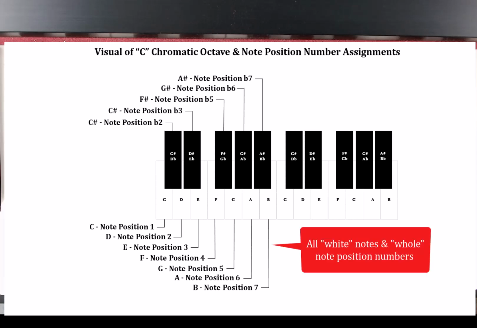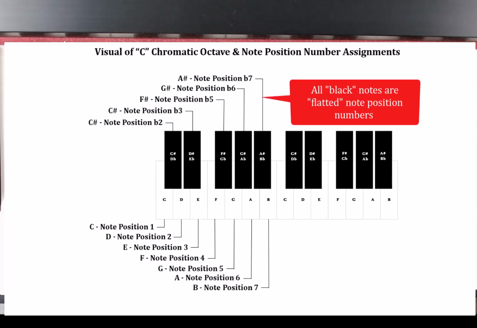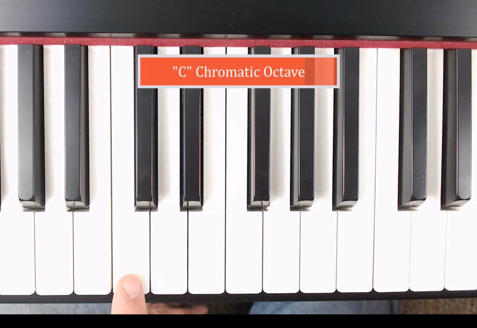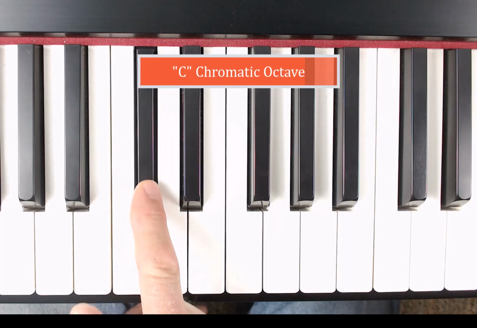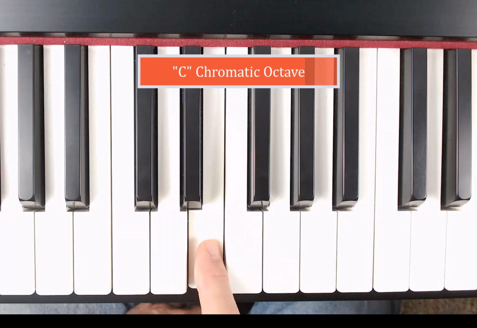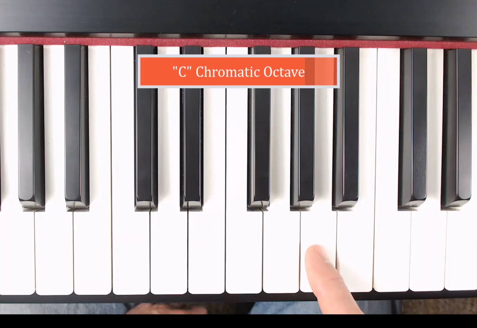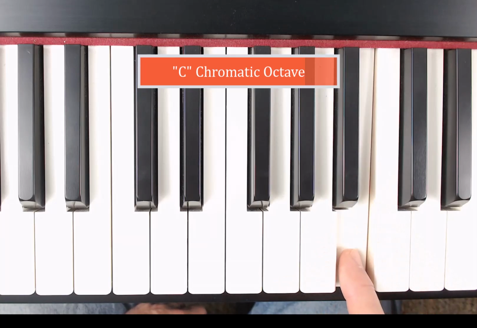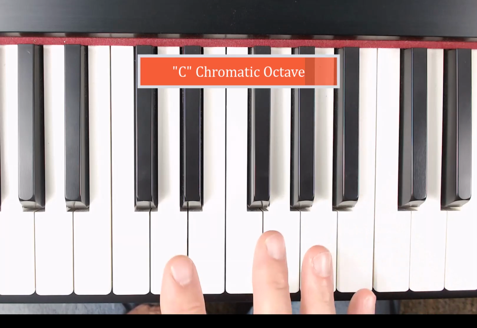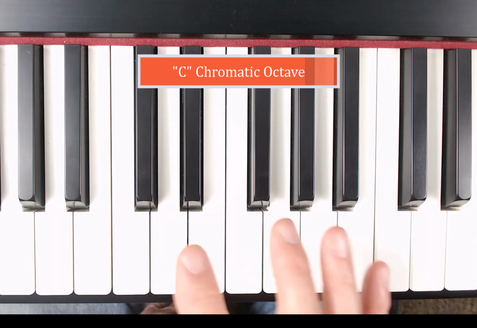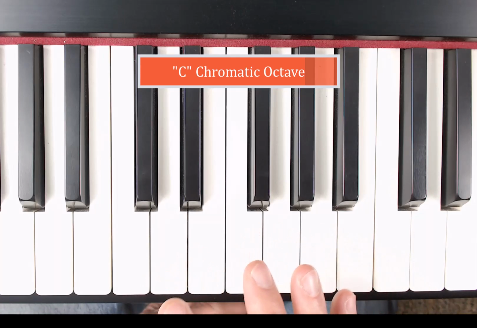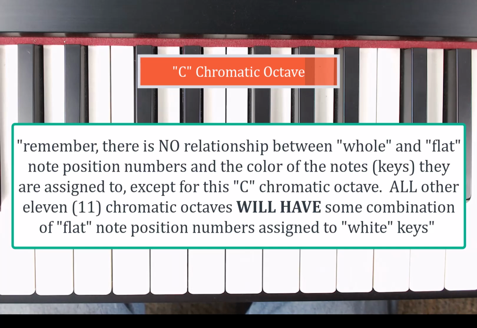So all the white notes are whole notes, and all the black notes are the flatted note position numbers. So again, note position 1, flat 2, 2, flat 3, 3, 4, flat 5, 5, flat 6, 6, flat 7, and 7. And that's misleading in the sense that you might think that's the only octave that you can use, but that's not true.